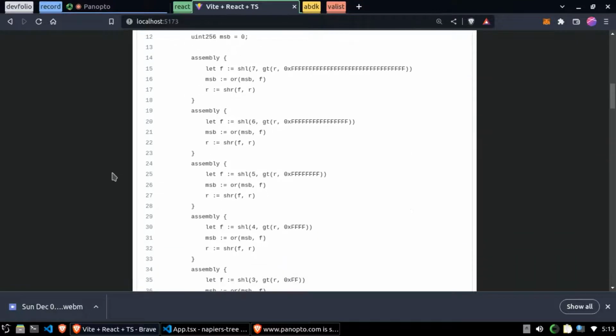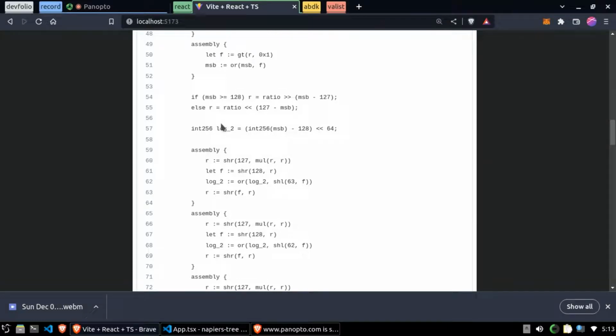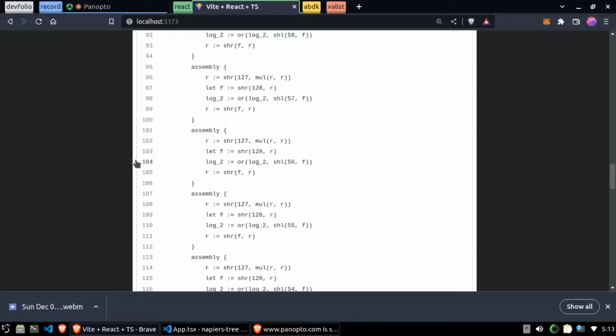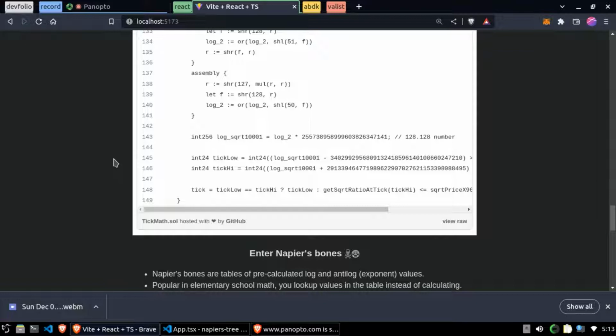We do a number of shifts, and finally we find the log of 2, and then we apply the change of base rule to convert it into log of some other number. It's a very long algorithm and it's very inefficient. It takes around 9,000 to 10,000 gas to find the log of one number.